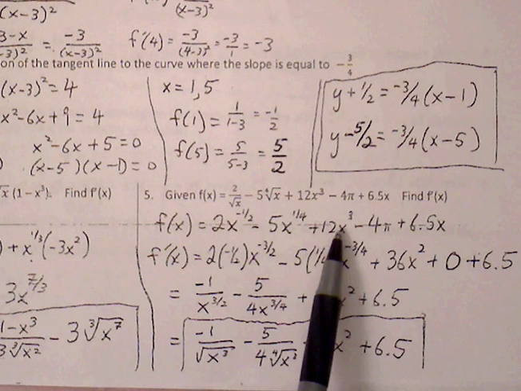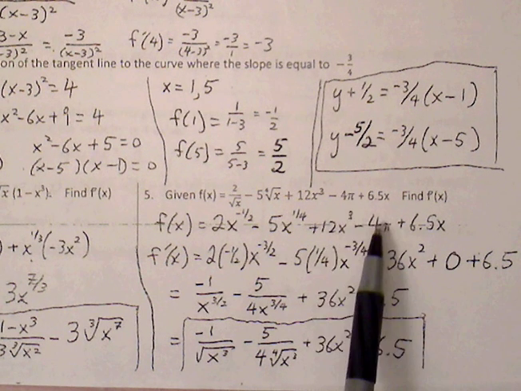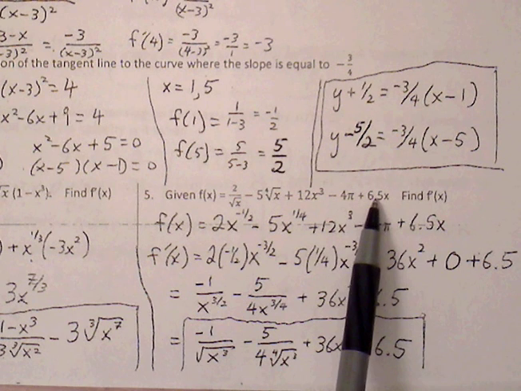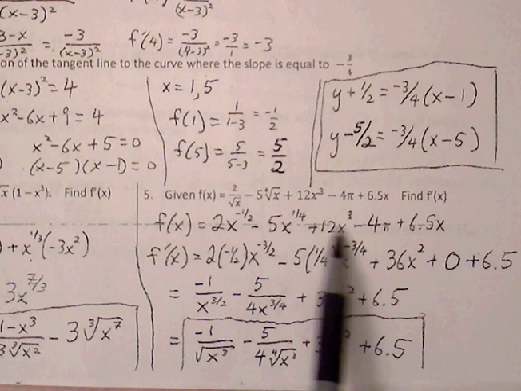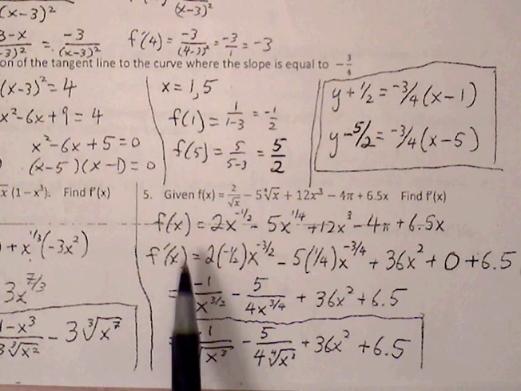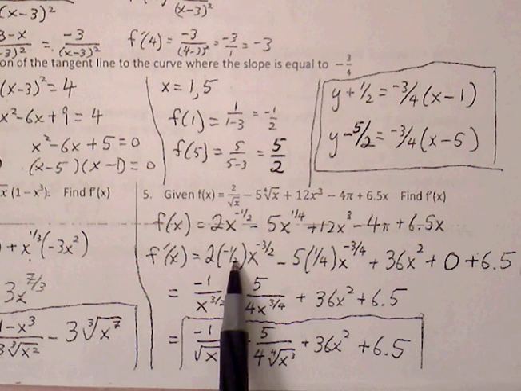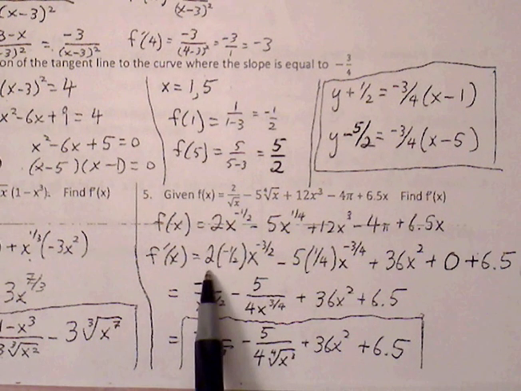12x cubed, I'll leave that alone. That's ready for the power rule. 4 pi is ready for the power rule, and 6.5x is ready for the power rule. So here, every term is ready now for the power rule to be applied. So first term up, we bring down the negative 1/2. Coefficient stays.